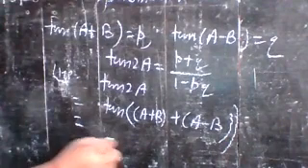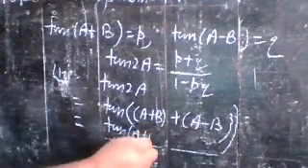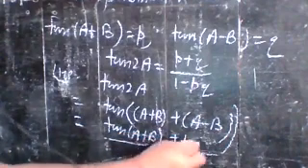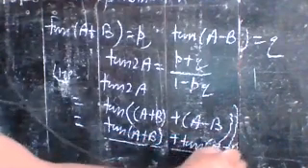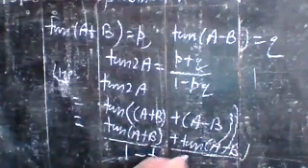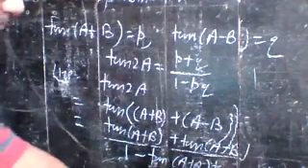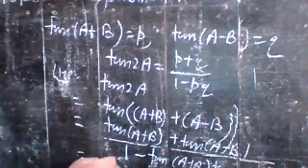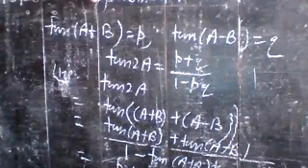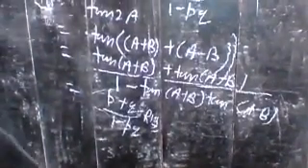Applying it, that is equal to tan(a + b) plus tan(a − b) upon 1 minus tan(a + b) tan(a − b). Now putting in the values, you get (p + q) upon (1 − pq), which is the right side.